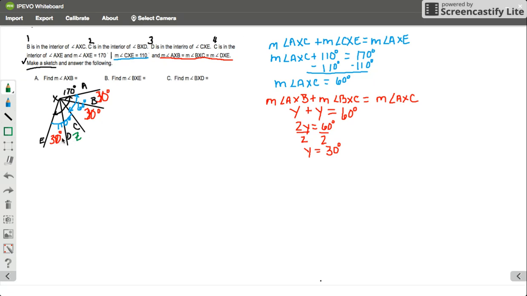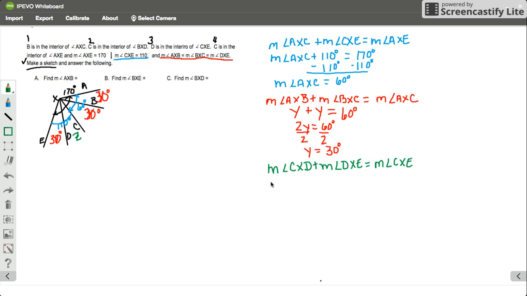We also have the other part, so our sum of the parts equals the whole. So the measure of angle CXD plus our known value for the measure of angle DXE will equal the entire measure of the angle CXE.